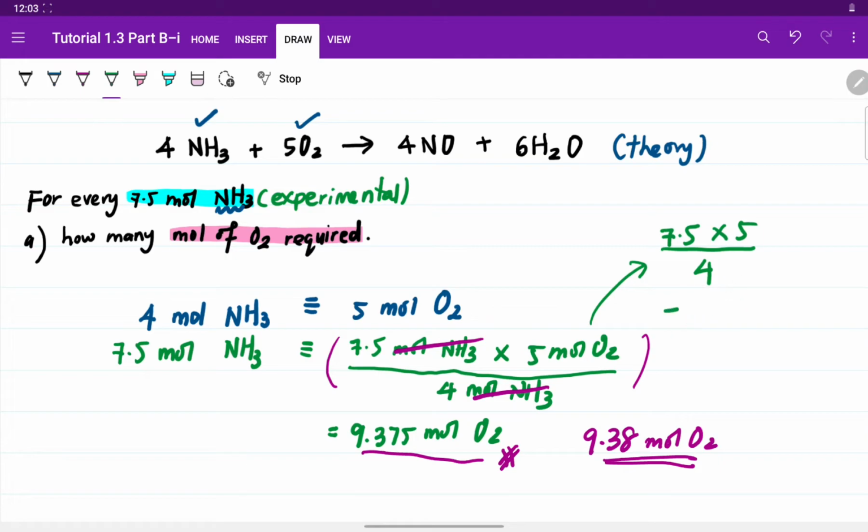Okay, sebab nanti final answer awak still kena tulis 9.375 mole O2. Mesti ada. Because if you are doing your calculation, okay, unclear, awak letak mole saja. Mole siapa? So, bila pemeriksa tak tahu ini untuk siapa, dia akan pangkah saja. Dia takkan terima pun jawapan awak. Even though the answer is correct. So, please make sure that dia adalah betul.